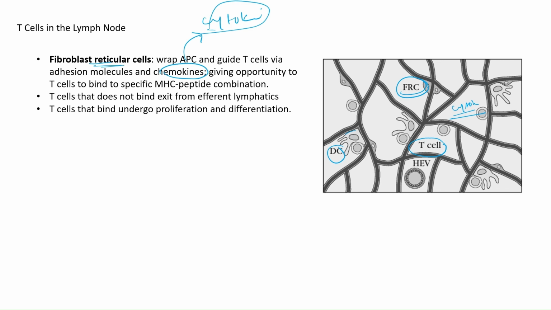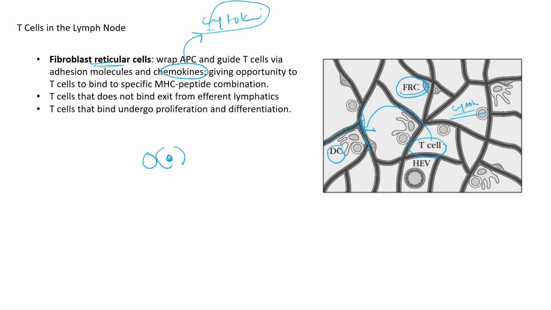Because of these chemokines, the T cell will be guided and will reach those antigen presenting cells with which it can bind. And because these antigen presenting cells are glued to this membrane in the lymph node, the T cell will get sufficient time to bind with them, because these antigen presenting cells contain antigen on their surface.